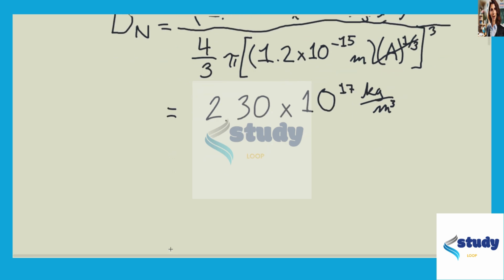Given both these densities, we can now determine the radius of the Earth, given it has this density of 2.30 times 10 to the 17th kilograms per cubic meter. What would its radius be in that case? In order to find that out, we can work out the formula here for this new r. It's the radius of the Earth if the Earth were to have the density of atomic nuclei.